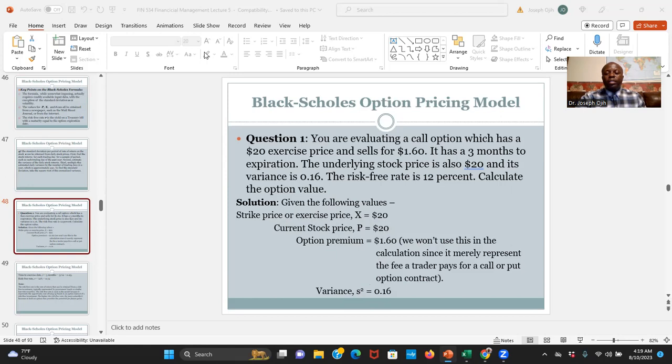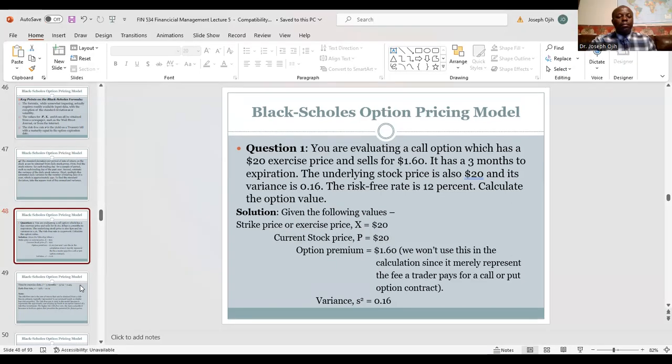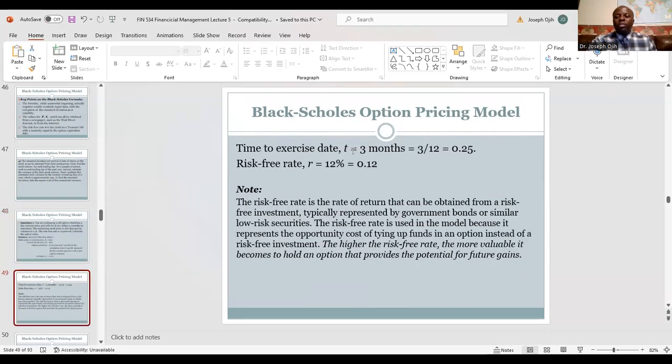Our time to expiration is 3 months, which is 3 over 12. That'll give you 0.25. Risk-free rate is 12%, which is 0.12. So this is what we need to calculate it, and we're going to plug all this into the formula.